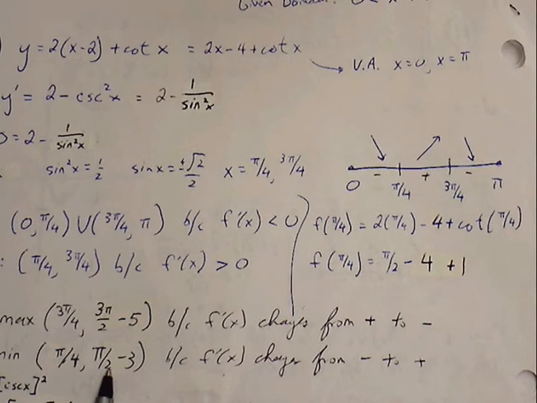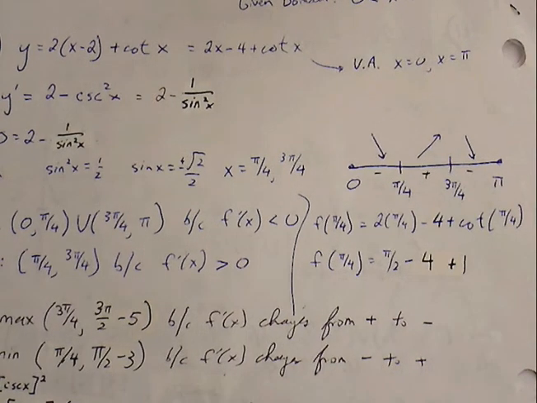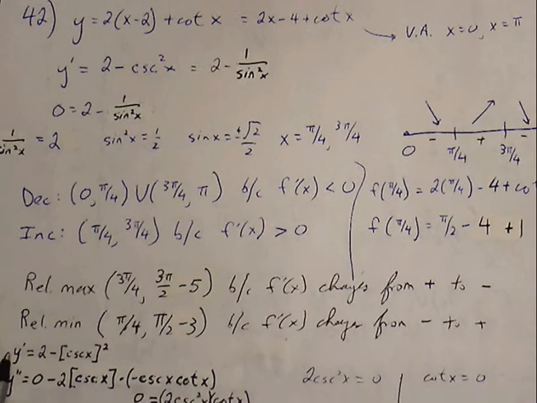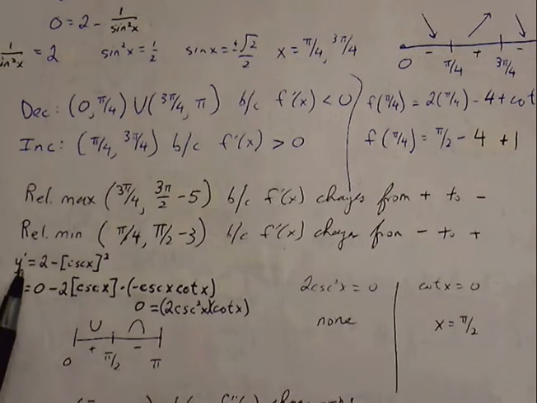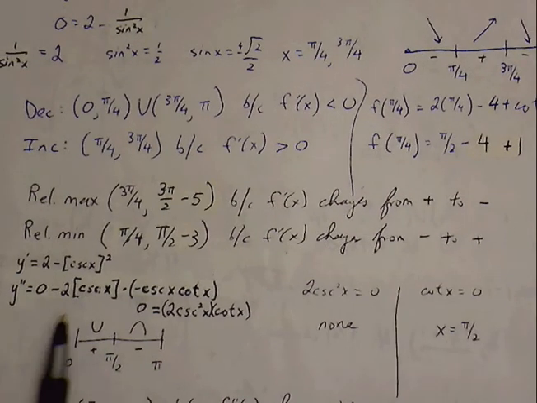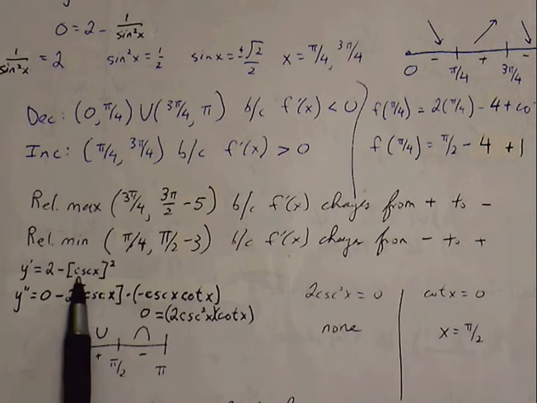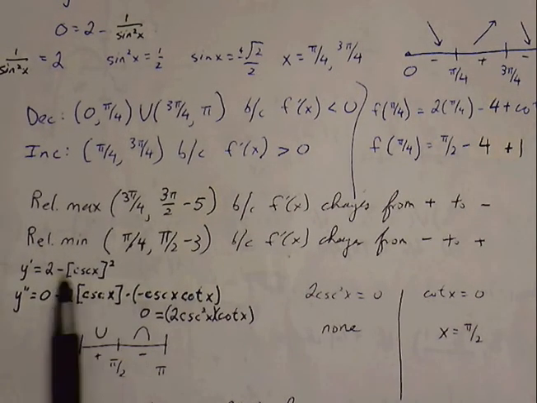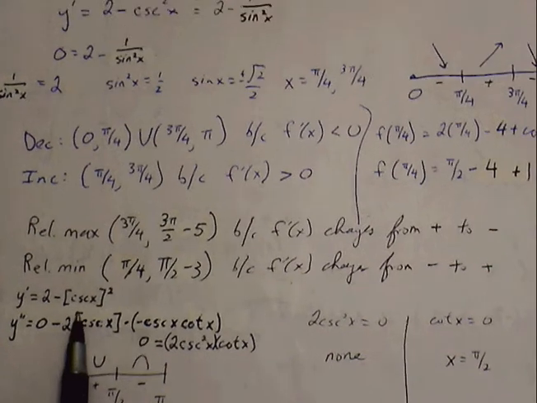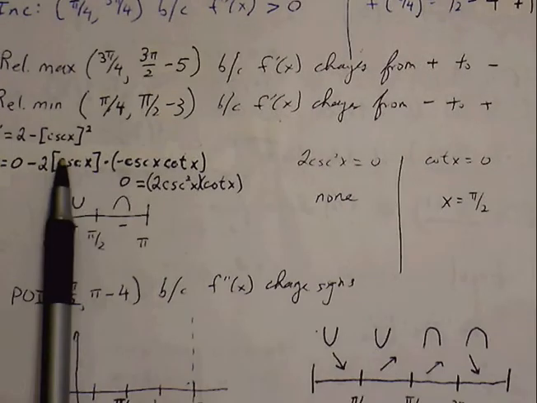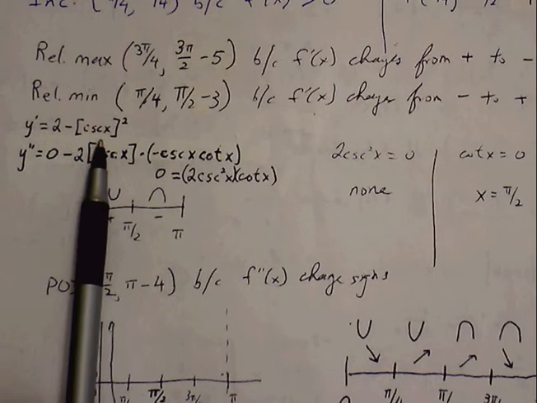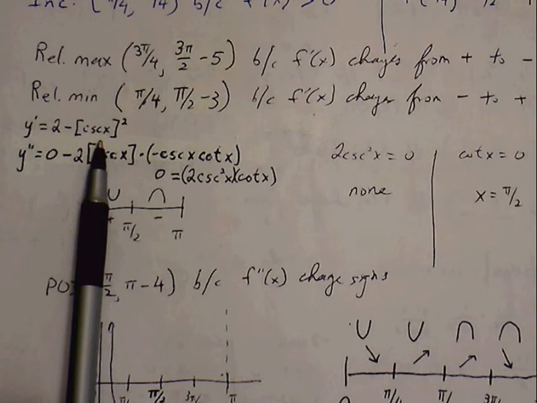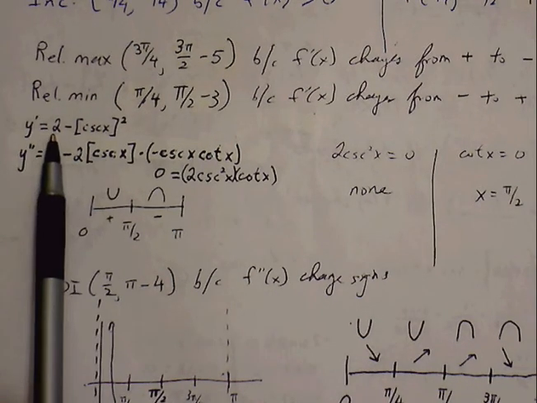All right, so moving on to the second derivative. Before I find the derivative, I'm going to choose to use 2 minus cosecant x quantity squared. It's just going to be a little bit easier to go through chain rule instead of quotient rule. So the derivative: 2 goes to 0.